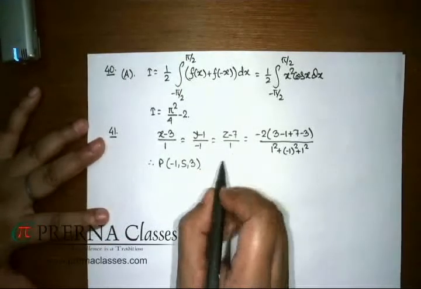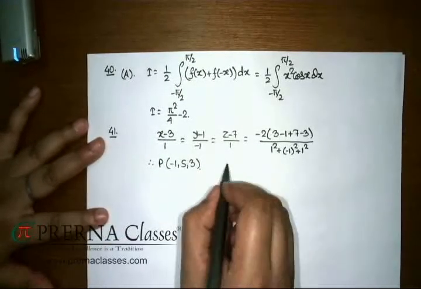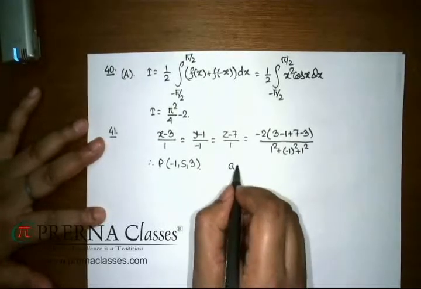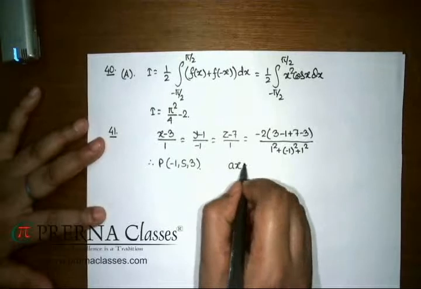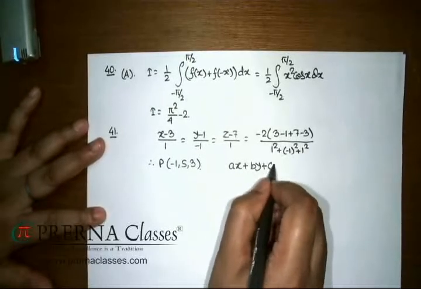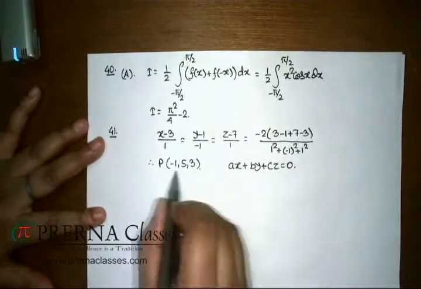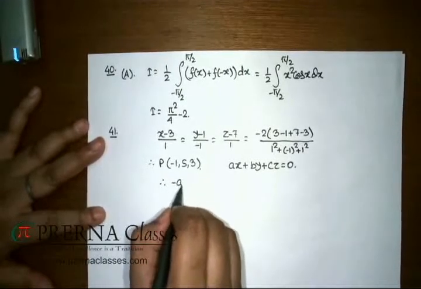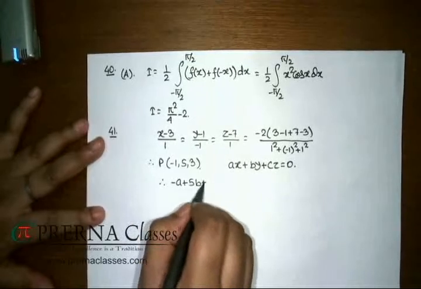Now you are looking at a plane which passes through this point P and contains some line, and the line passes through the origin, so I can then write the equation of that plane as this, since this point lies on it.